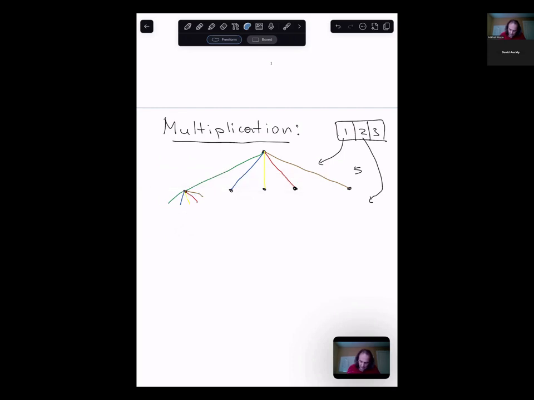So basically, it doesn't matter what the color of the first box was. We have five different ways each time, right? So after the second step, how many different ways in total did we get?